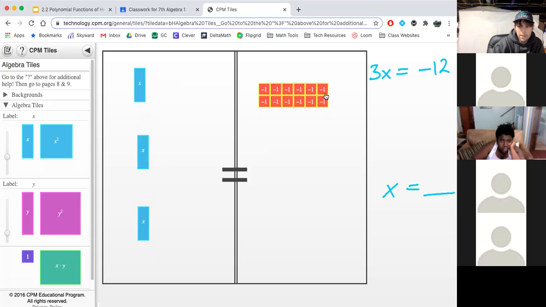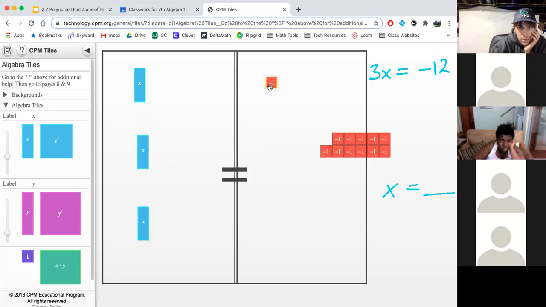Okay, so I'm going to set these aside. I can put one here, one here, one here. And I'm just going to keep spreading them out equally, right? As long as I'm spreading them out equally, I'll figure out what each of these x's needs to be equal to.